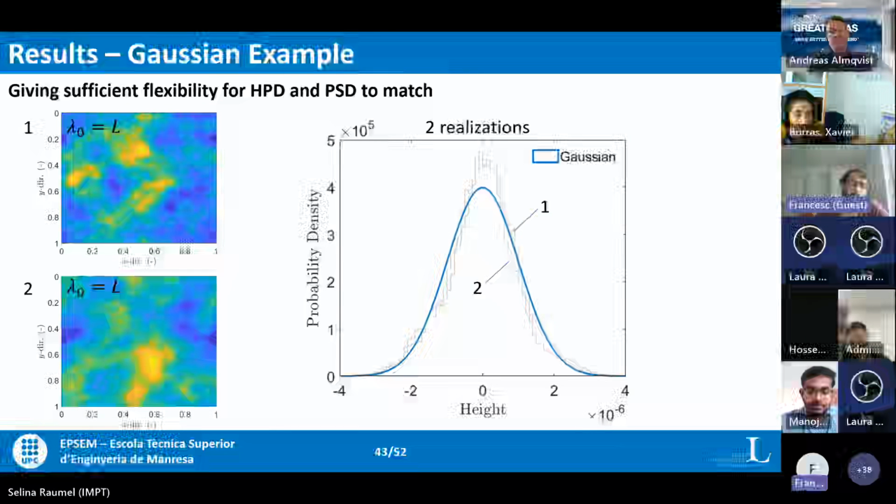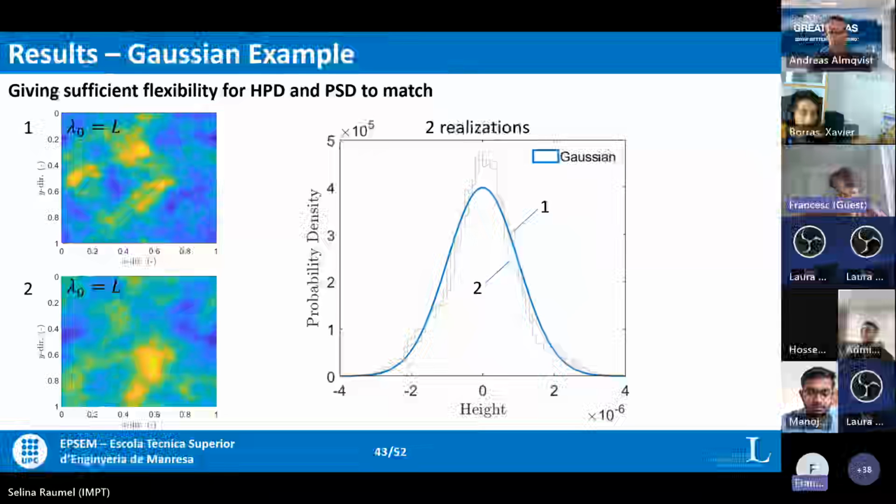And that's because you should not interpret these two generated surfaces as a surface with a perfect Gaussian distribution, but more as: I have a very large surface with a Gaussian distribution, and I pick a small sample from it. Of course, if I pick a small sample, it doesn't necessarily have the exact same distribution as the original.